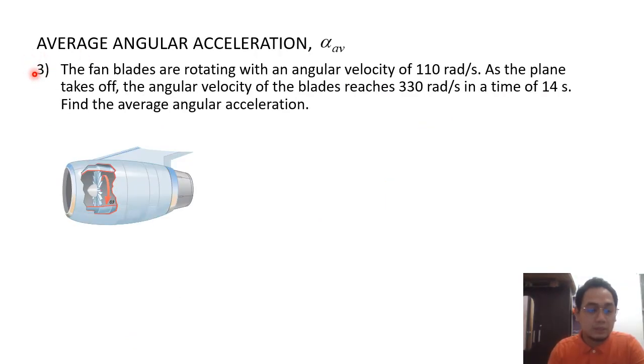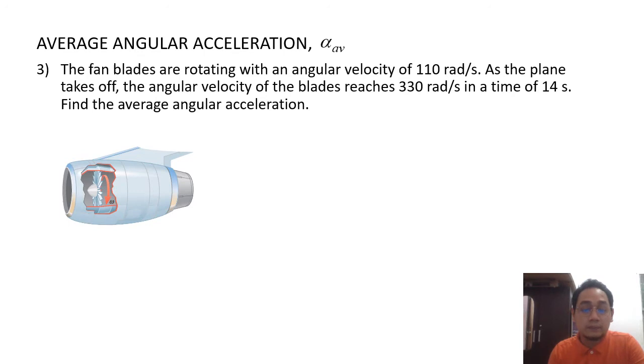Next is question number 3, which is about average angular acceleration, or the symbol is alpha. In this question, the fan blades are rotating with an angular velocity of 110 radian per second. As the plane takes off, the angular velocity of the blade reaches 330 radians per second in a time of 14 seconds. So the question wants us to find the average angular acceleration.